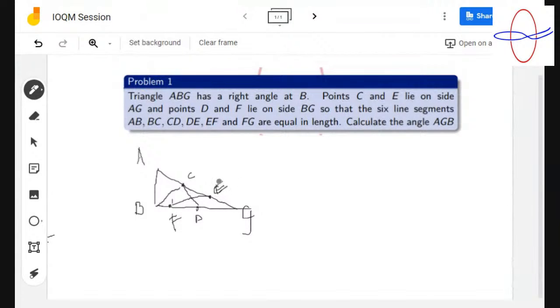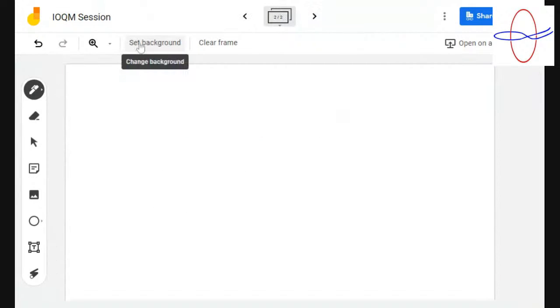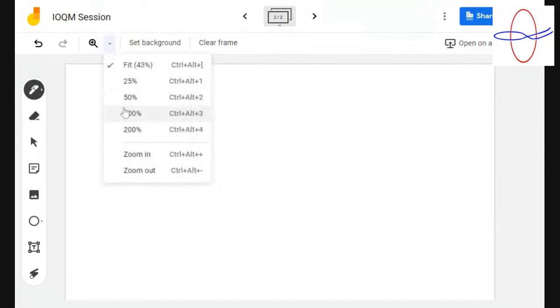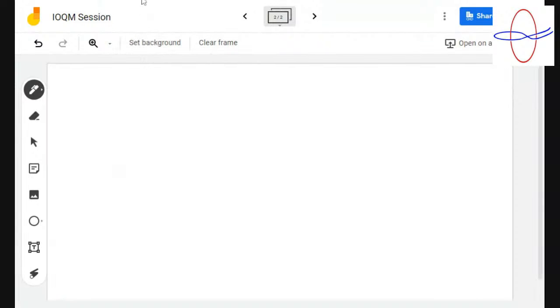That's a complicated sort of diagram in some sense. And we have to calculate the angle AGB. So let's see if we have a better diagram. I hope all of you understood the problem. Any doubts in understanding the problem?